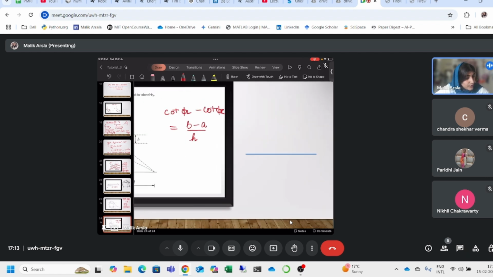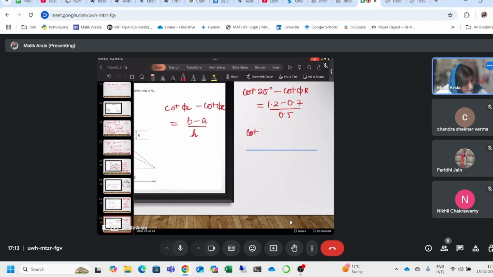Let me also do it here. So cot of 25 degree minus cot of phi R is equal to 1.2 minus 0.7 upon 0.5. So cot of phi R will be equal to cot 25 minus 1, which is 2.144 minus 1.